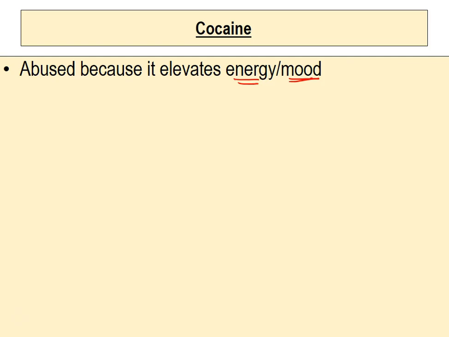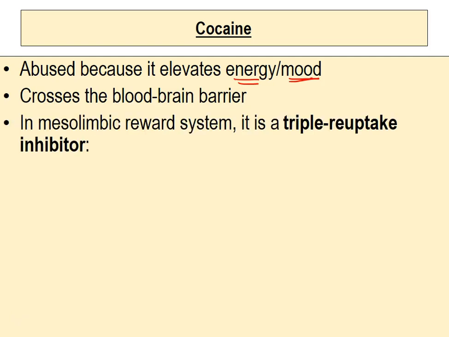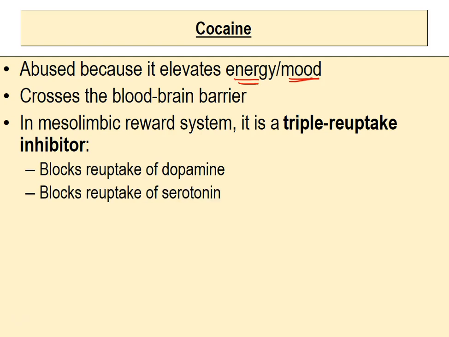Cocaine is able to cross the blood-brain barrier. In the mesolimbic reward system, it acts as a triple reuptake inhibitor, blocking reuptake of dopamine, serotonin, and norepinephrine. So all these neurotransmitters stay in the synapse for a long period of time, and you can imagine why people become addicted to cocaine.